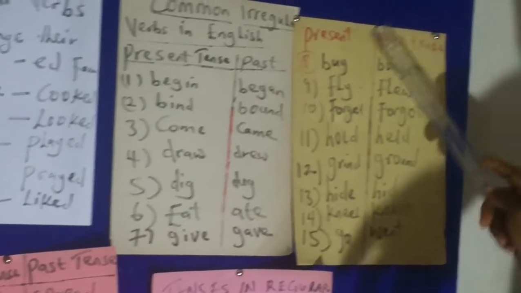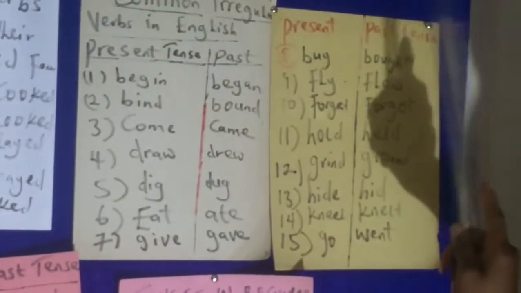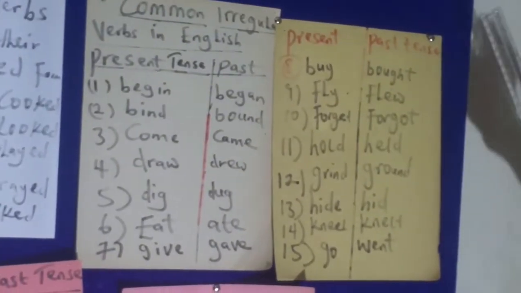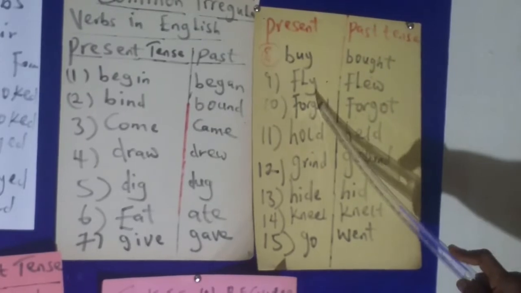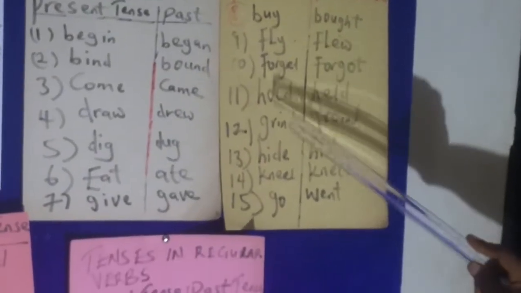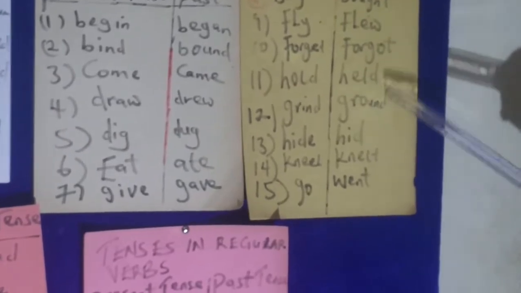Here we have some of the common irregular verbs and their past too. Here we have buy, bought, fly, flew, forget, forgot, hold, held, grind, ground, hide, hid, know, knew, kneel, knelt, go, went.